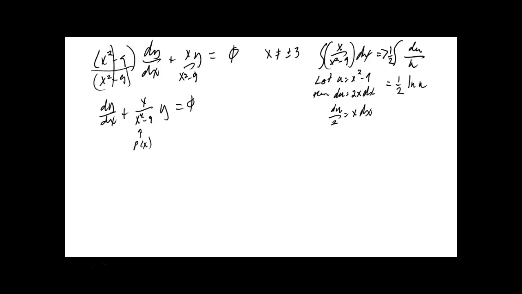We need to get that back to x's, so this will be 1/2 the log of, and you really need to put your absolute values in there, x squared minus 9. Okay. But you can also, just like we did before, do this as log of the absolute value of x squared minus 9 to the 1/2 power. Right? Okay.